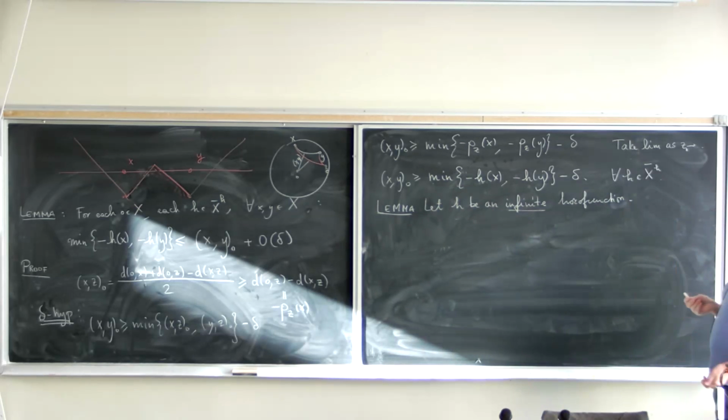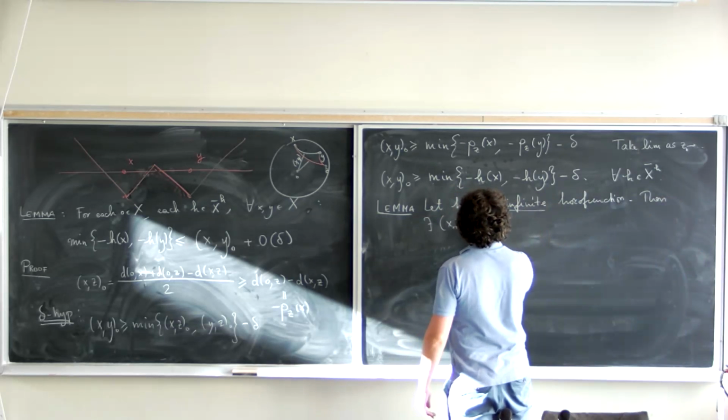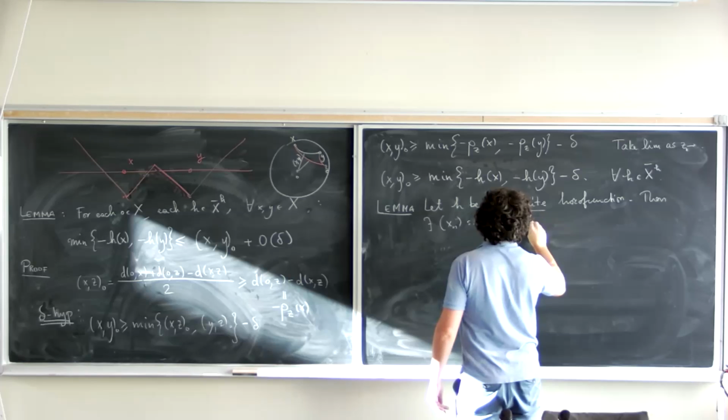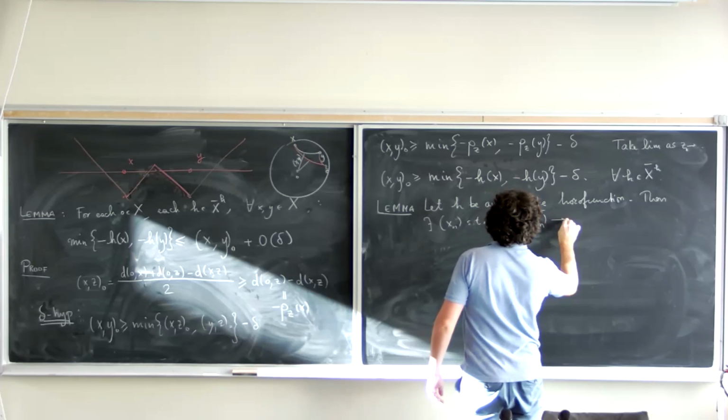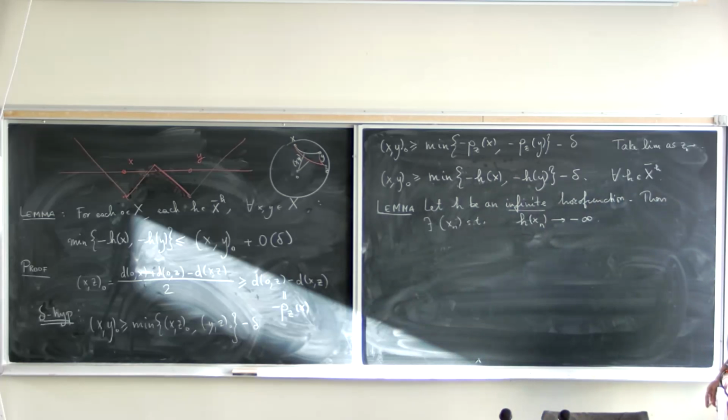Well, it means that the infimum is negative infinity. So then, by definition, there exists a sequence X_n such that h(X_n) goes to negative infinity. This is just by default.